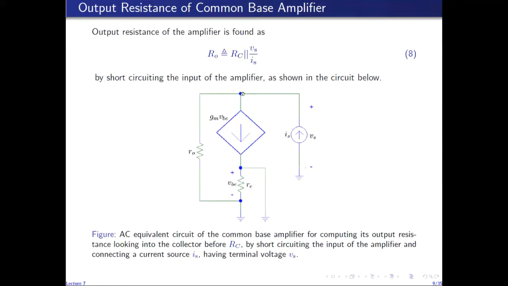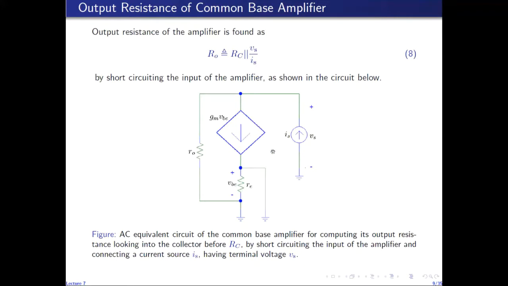A current source is connected between collector and ground, and we measure its terminal voltage Vs. Now, the ratio of Vs to Is gives us the resistance seen looking into the collector terminal. And then the parallel combination of that resistance with RC gives us Ro.